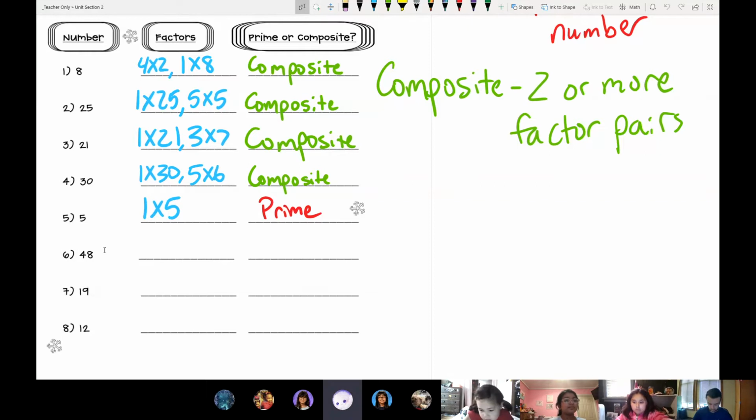One times 48. Yep, that's one of them. Nice. Do you know any other ones? No. No. Okay. Eileen, I saw your hand was up at one point. Do you know another factor pair?